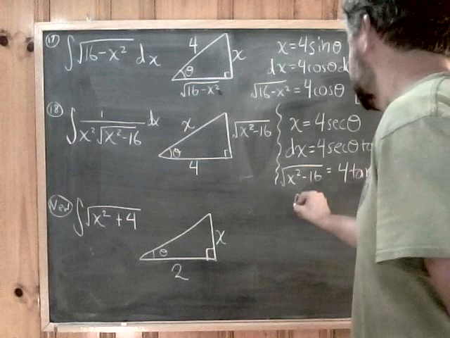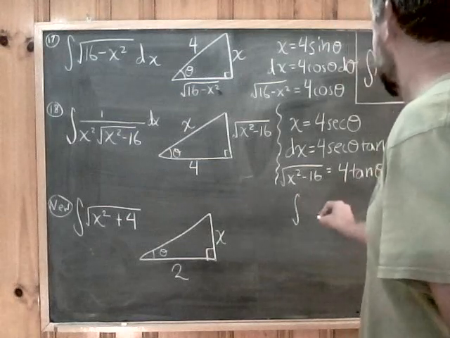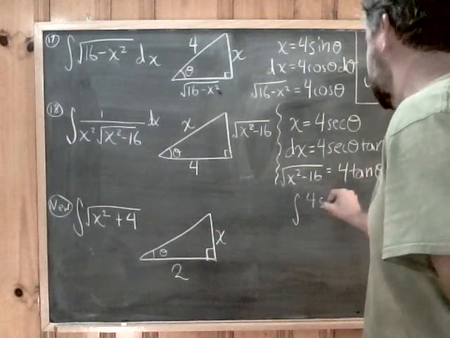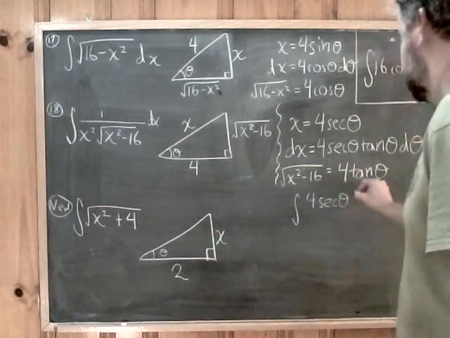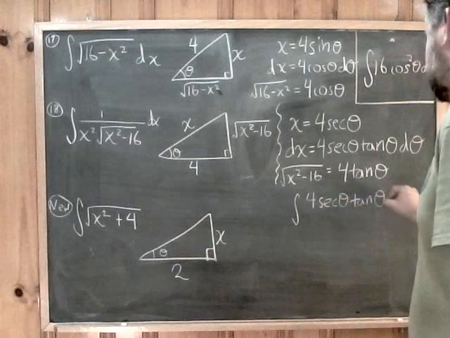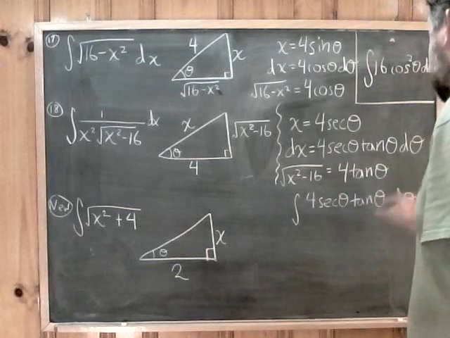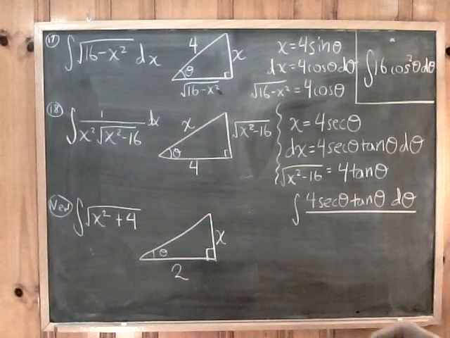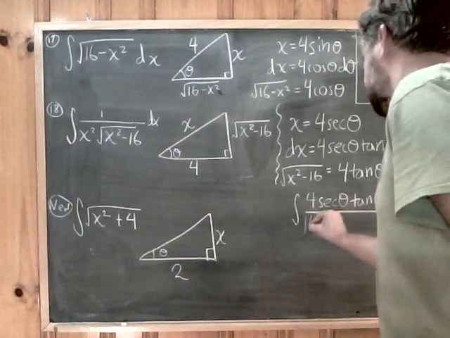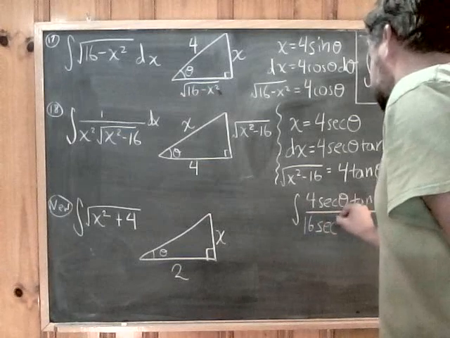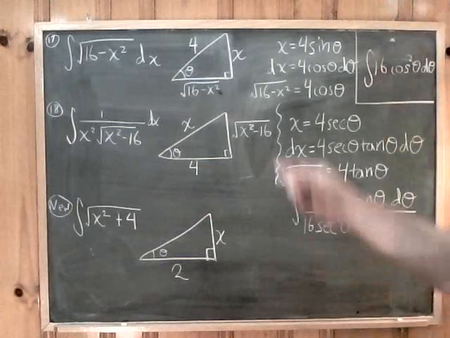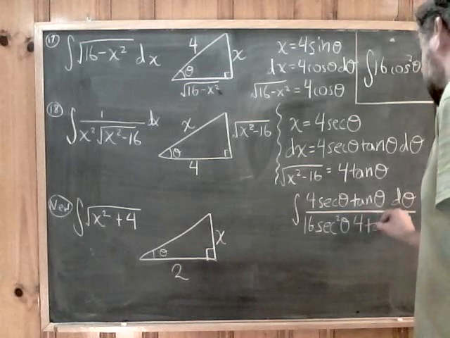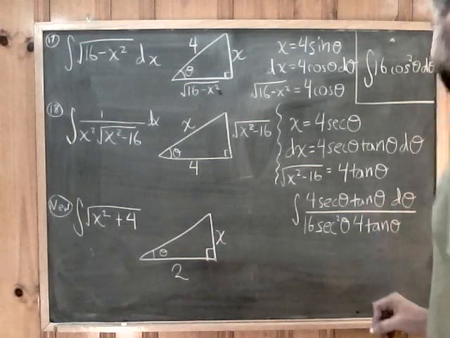So the answer for this one would be the integral, all of the dx on top turned into 4 secant theta tangent theta d theta. And on the bottom is that x squared, so 16 secant squared theta, and the square root of x squared minus 16, which is 4 tangent theta.